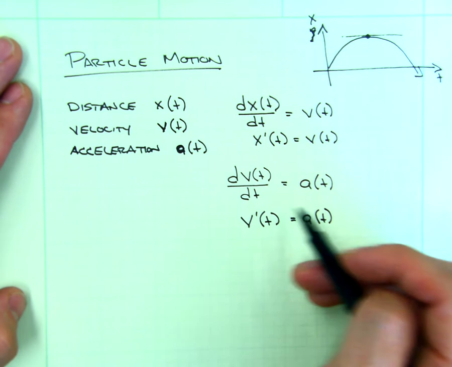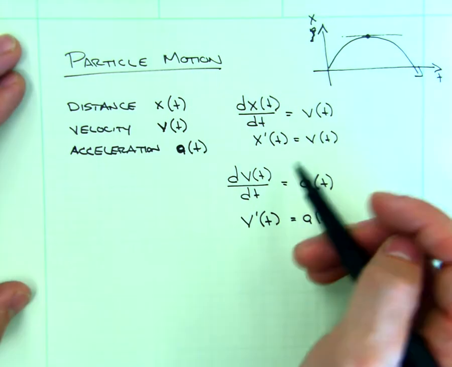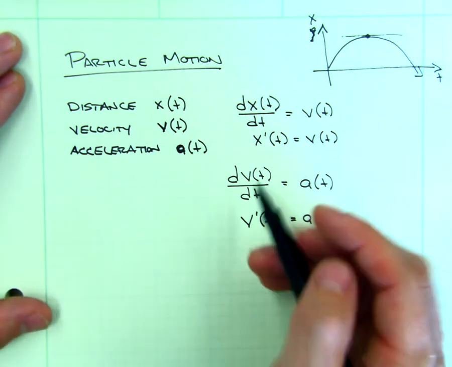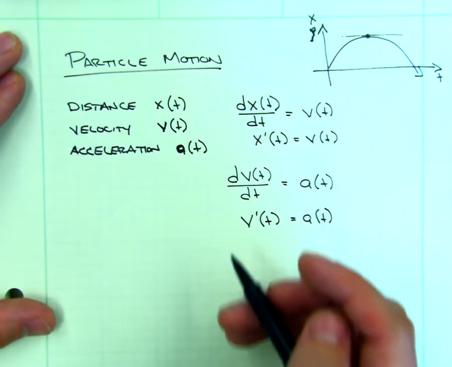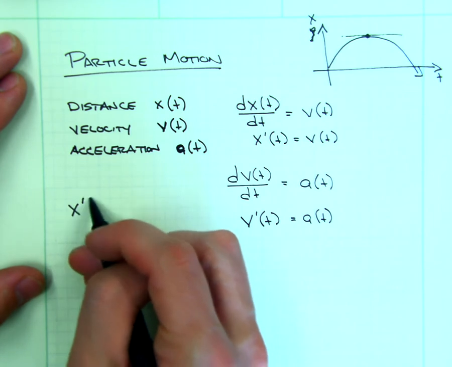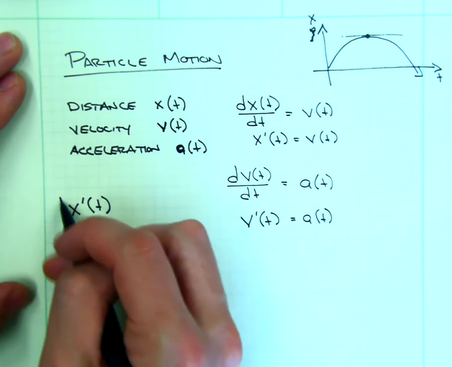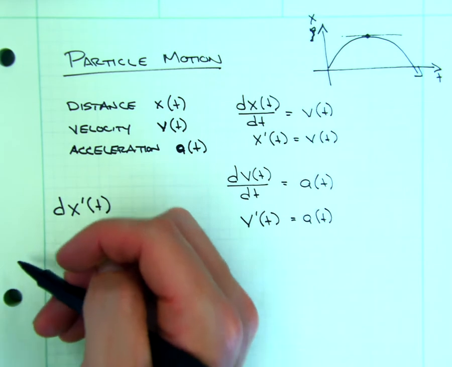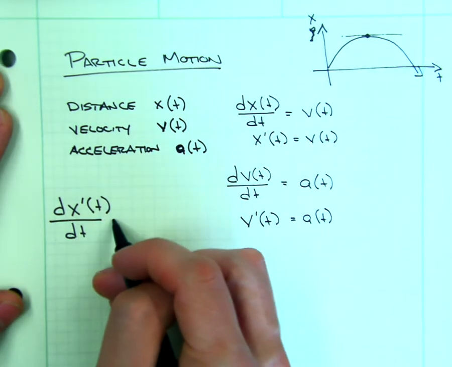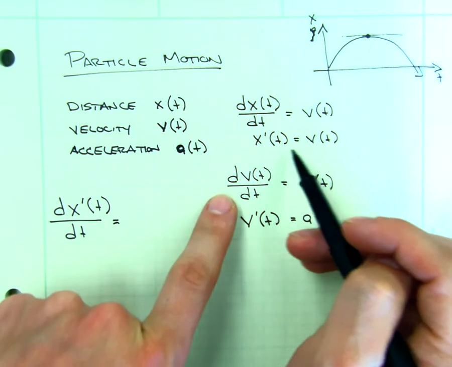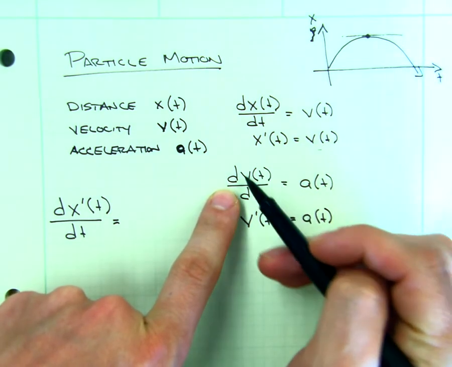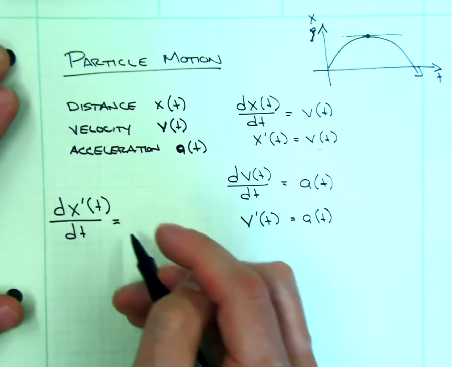So I've got x and v and a, and I can look at the relationship here. So x prime of t is equal to v of t. The short end of it is, if I take x prime of t and take the derivative of it, all I did was take the v of t and plug the x of t into here.